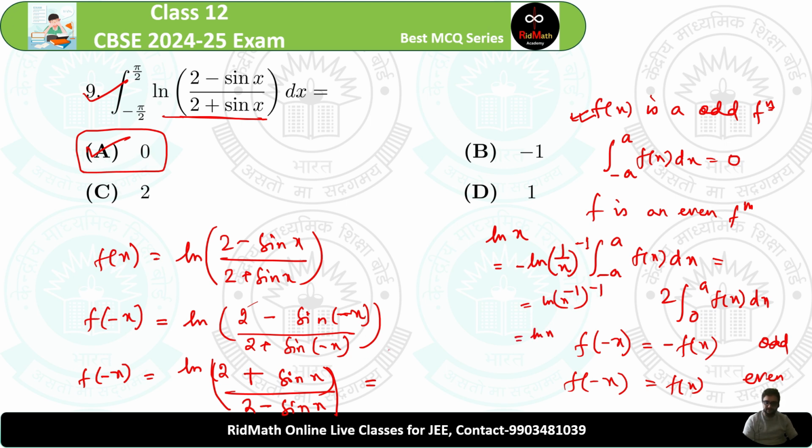So that means minus ln, and we reverse this: 1 by (2 plus sin x) divided by (2 minus sin x), that will be (2 minus sin x) divided by (2 plus sin x). So we use this. Please understand by doing it yourself. So f of minus x equals minus f(x). That means this is an odd function and the integration will be 0. Okay, next problem.